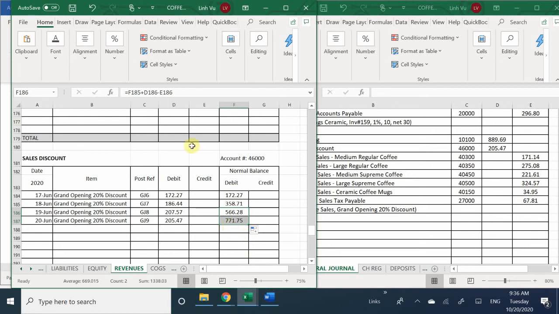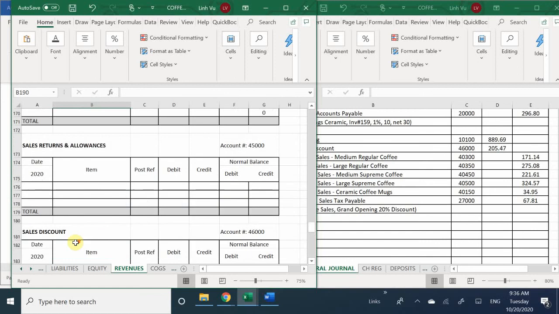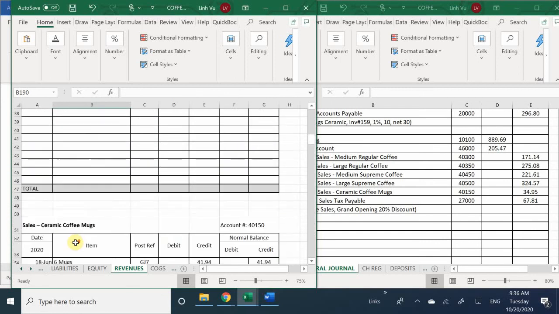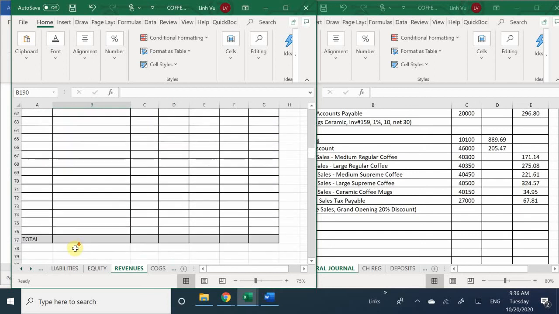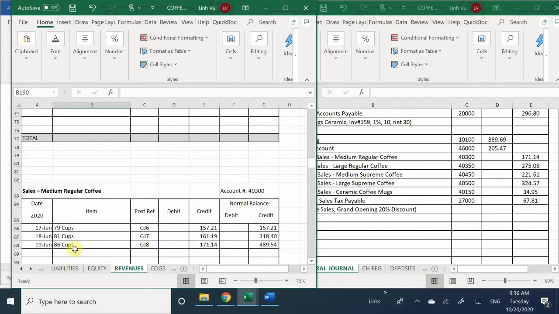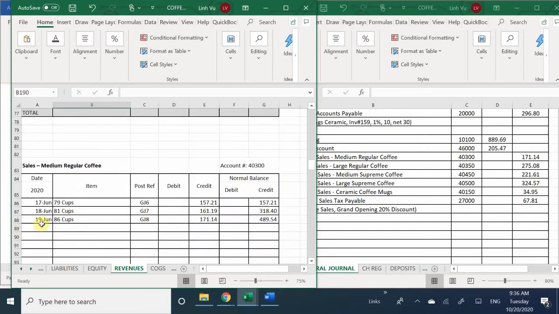Then we go to my sales for medium and large regular coffee. So here we are, sales for my medium regular coffee. How many coffee cups did I sell? 86 coffee cups. Oh, I can't copy from above. Good.